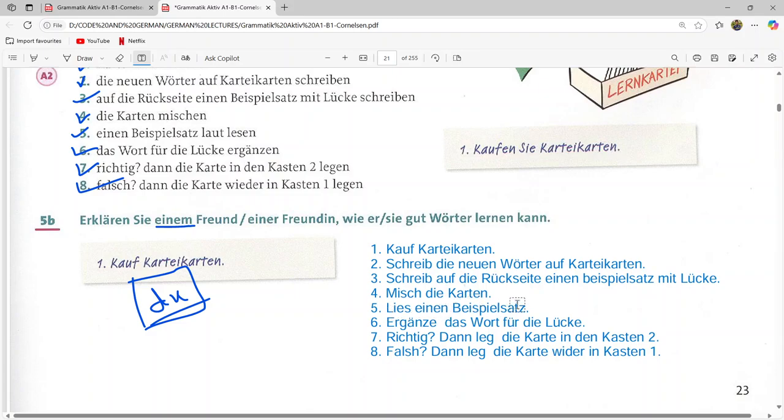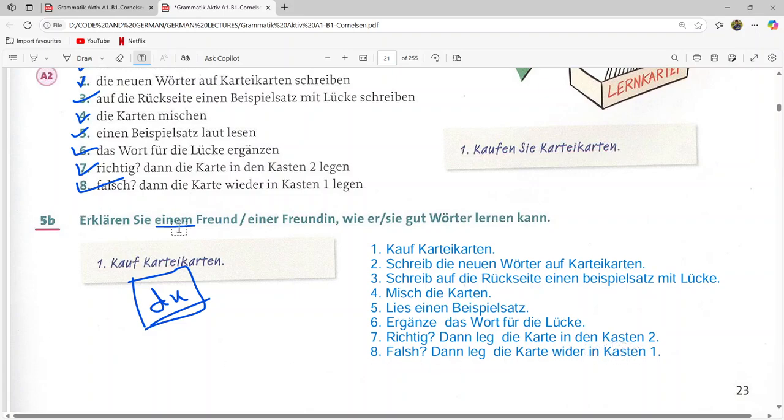Lies einen Beispielsatz, read an example sentence from this card. Ergänze das Wort für die Lücke, fill in the blanks with the word in the gap. If you are right, then put the card in box number 2. If you are wrong, put the card again in box number 1.